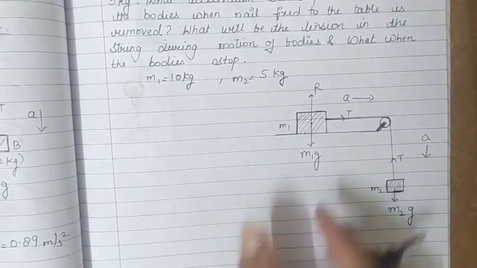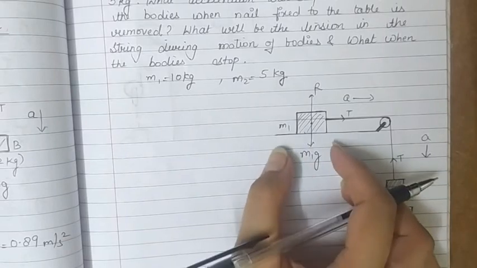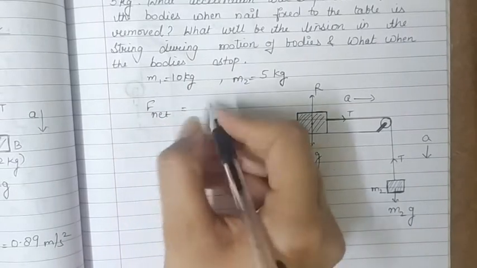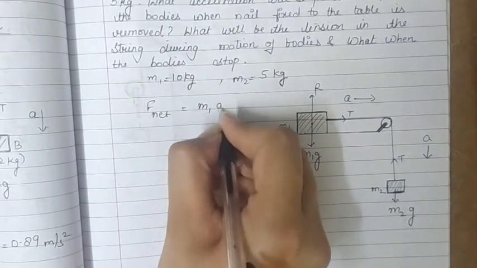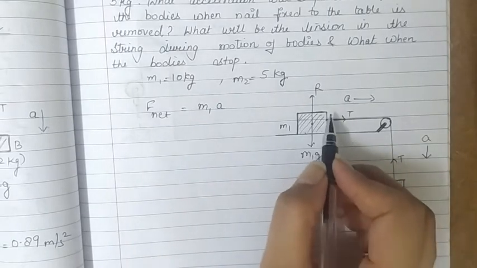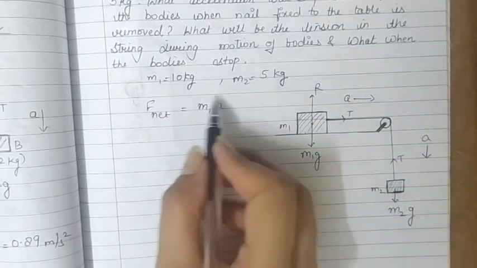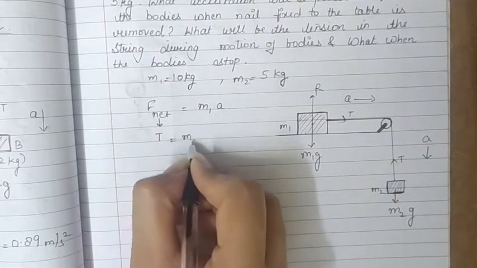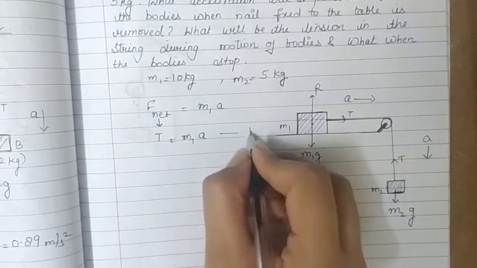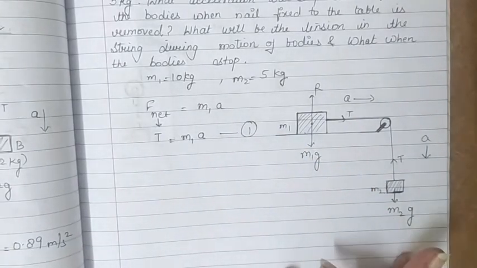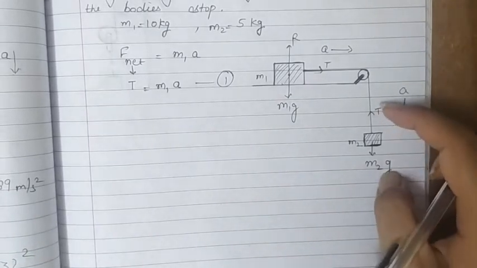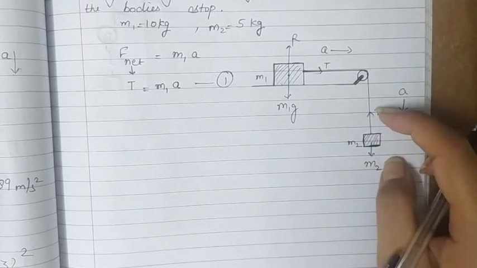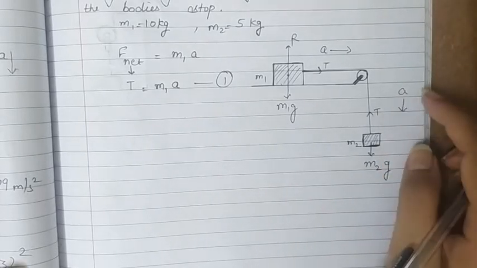So the net force acting on this block, these two will cancel out. Then the net force on the first block will be mass into acceleration, that is m1a, and as per the diagram the force, that is the reason behind this force, is the tension capital T. So F net: T is equal to m1a. This is equation number 1. Now for the second block, in this block two forces are acting, m2g downwards, T upwards, so the resultant is the difference of these two, but the resultant force is in downward direction.